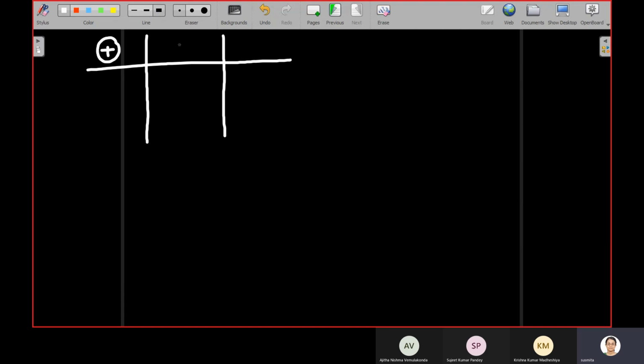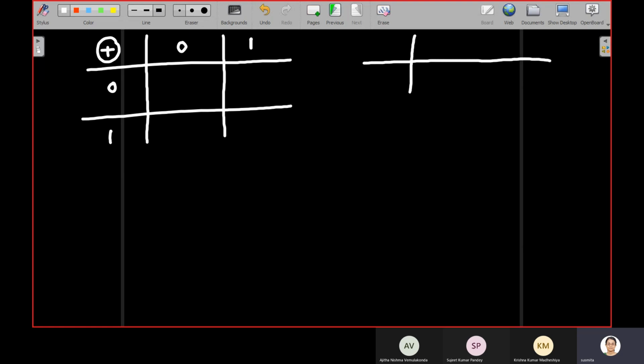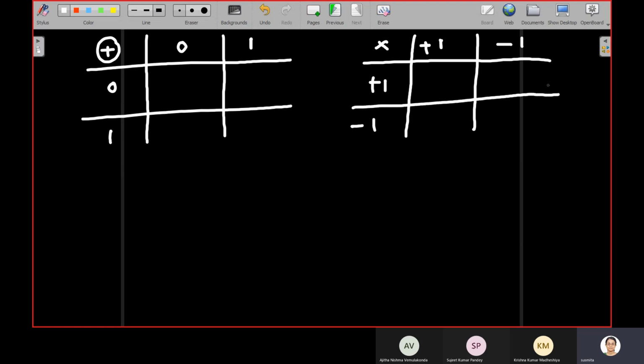And therefore we need to use 0 and 1, 0 and 1, and we will write the results. Then we will also use simple multiplication. For simple multiplication, we need to take +1 and -1. So let's do the simple multiplication first.